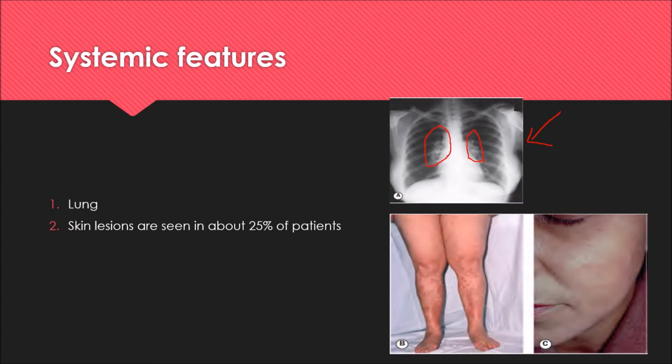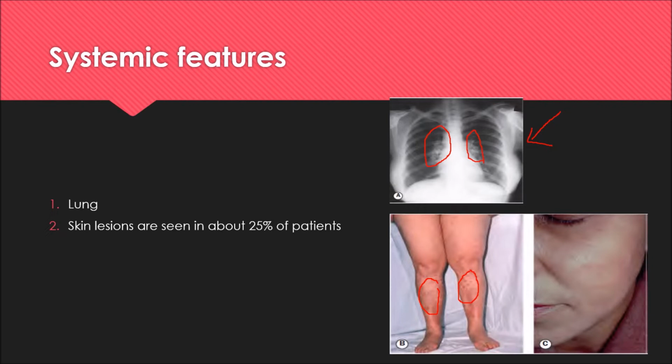Number two involvement is that of the skin. Skin lesions are seen in about 25% of the patients and can include erythema nodosum, as I have already mentioned. These are tender erythematous plaques, typically involving the shins, as seen in these pictures, which are actually more clearly visible in the book.